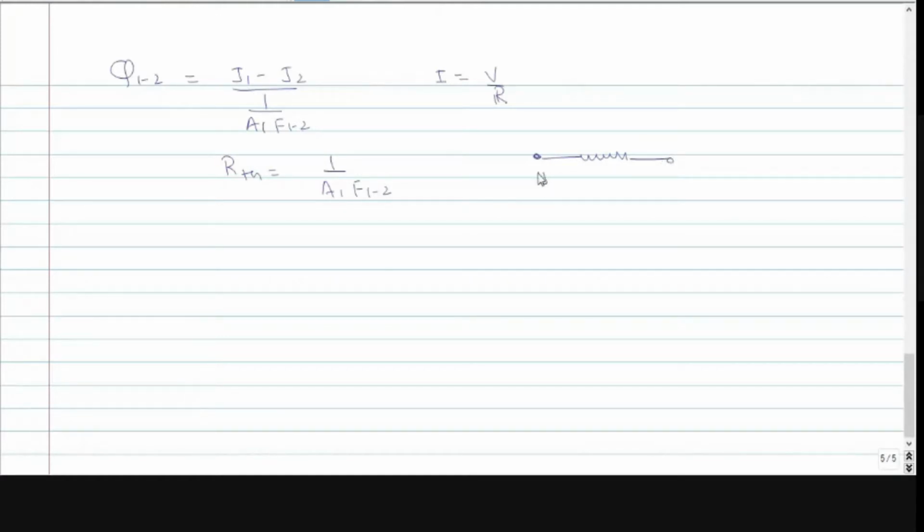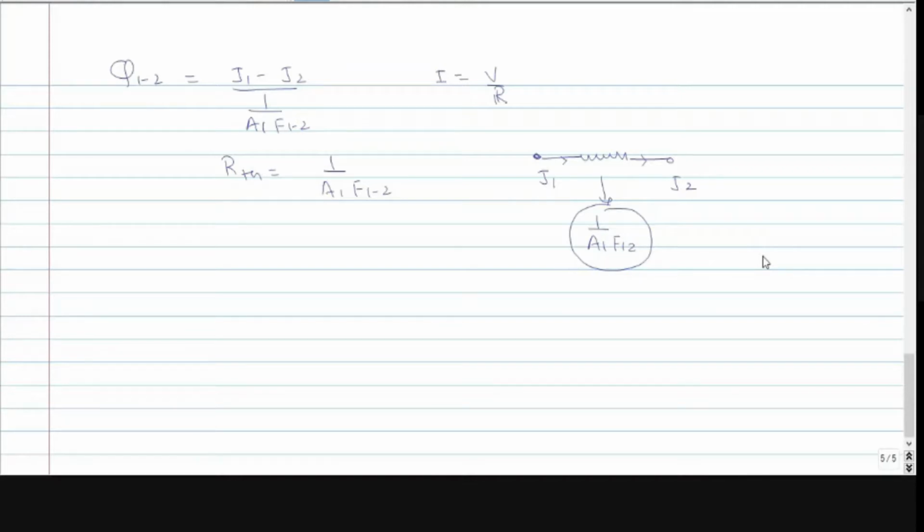This is J1, this is J2, and this resistance we can write as 1 upon A1 F12, and the heat is transferred over here. So this resistance is known as the space resistance, the same as the shape factor that we have discussed previously.